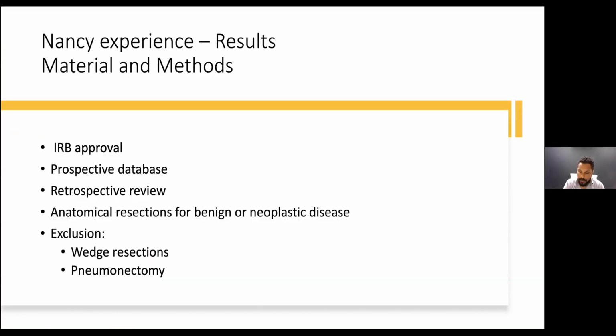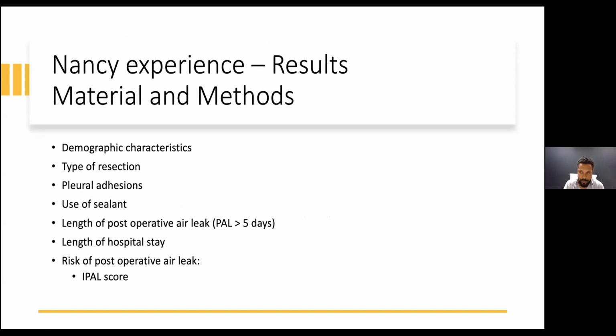So I will show you a few data of this study because it's still an ongoing study, with still a statistical analysis to do. So of course we had our local IRB approval. It's a prospective database from which we did a retrospective review. All patients had an anatomical resection for benign or neoplastic disease, and we excluded patients who had undergone a wedge resection or a pneumonectomy.